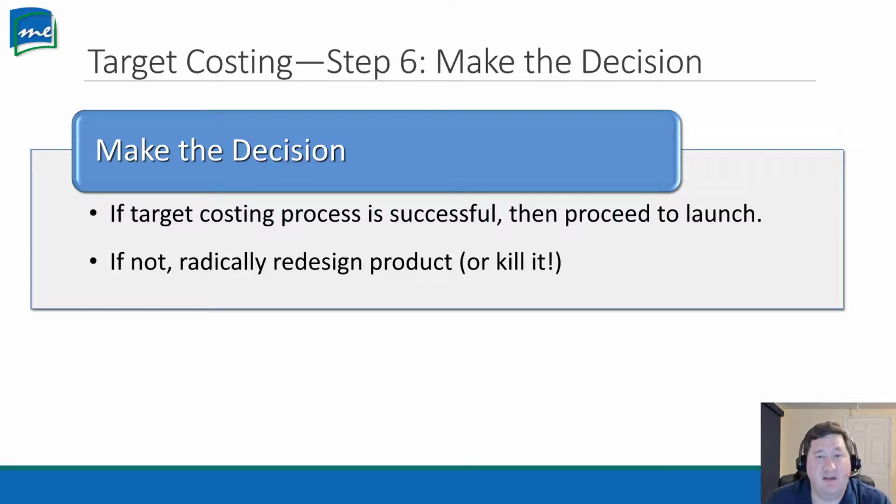There's a lot of products that don't make it to market, right? So this might be one of them. Or you might have to go back to your step one and maybe reevaluate. Or look at your competitors again and see, did we actually do that right the first time? So all these different things go into target costing.